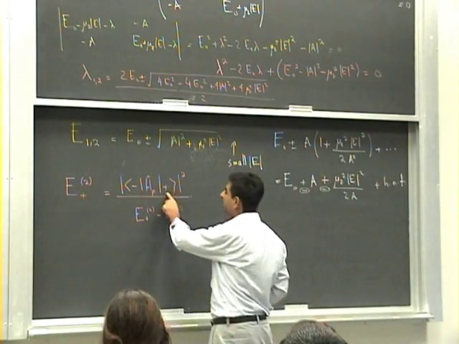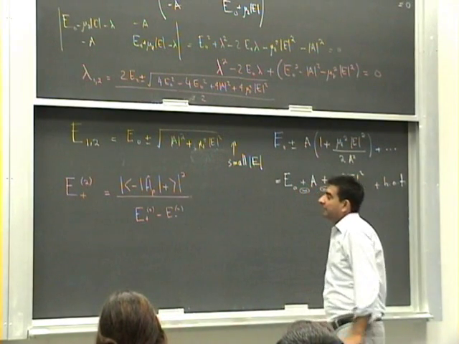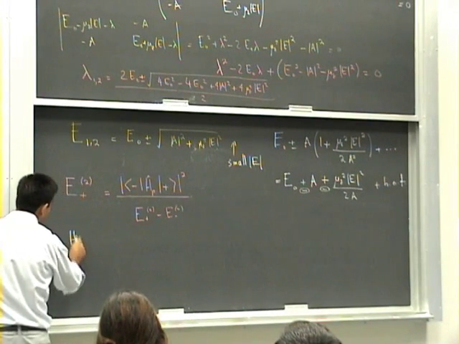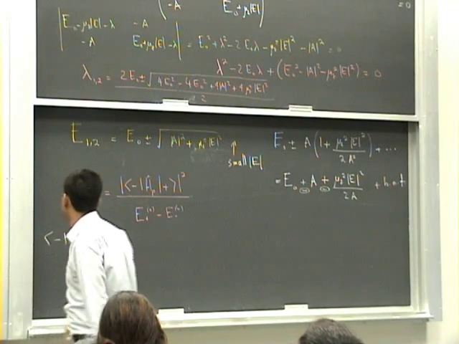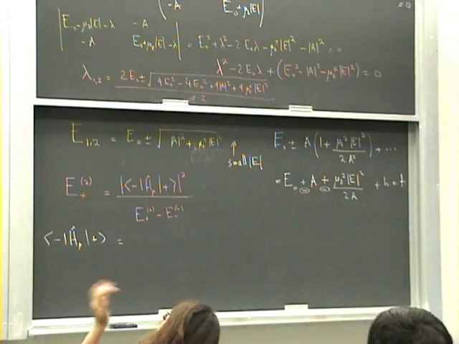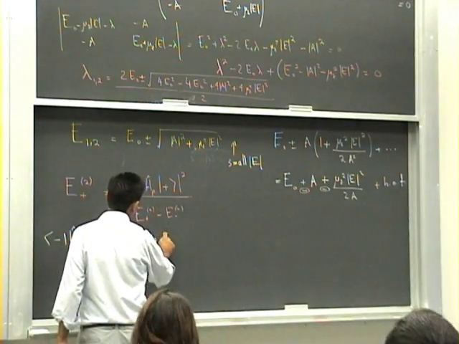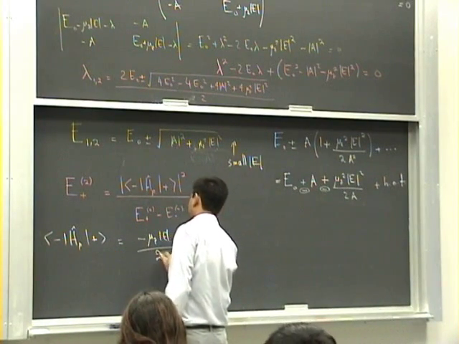So H_P between plus and minus, we have to work this out. Okay, so let's work it out. Let's first calculate this matrix element. What is H_P? H_P is minus mu_z E, minus mu_z times the electric field E. So 1 over 2 from this, 1 over 2 from this, we get a half.